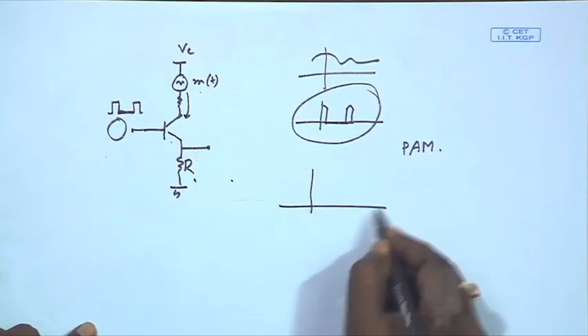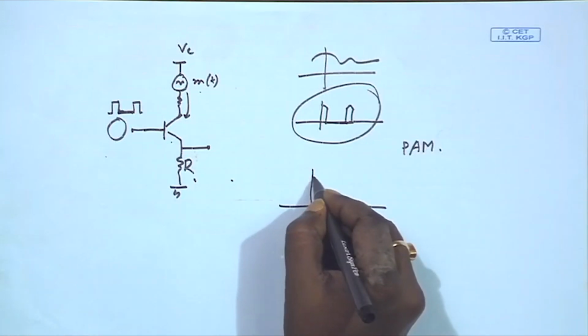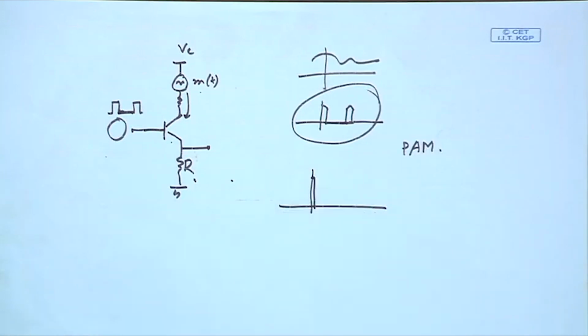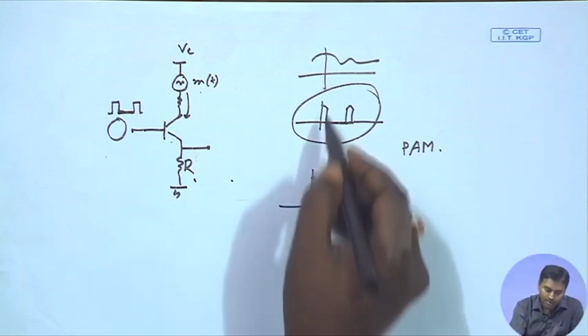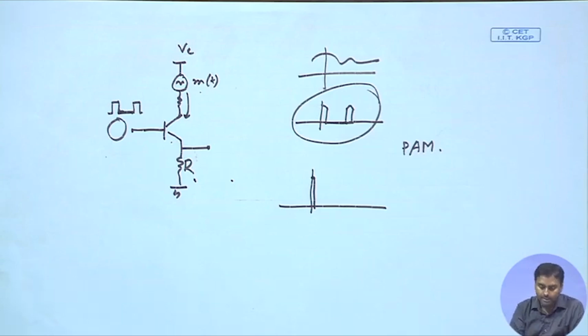Okay. So, let us say I have natural sampling, but with a very small duration. That means it is almost equivalent to flat top sampling, because the duration is so small that the variation will be overlooked. So, it almost happens like a flat top sampling. Okay.